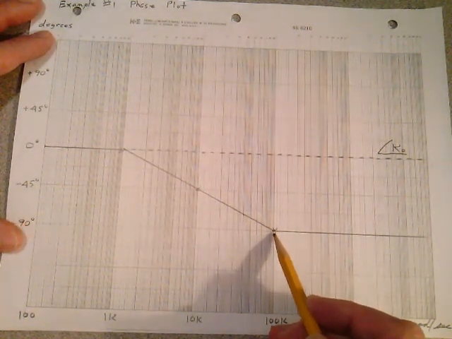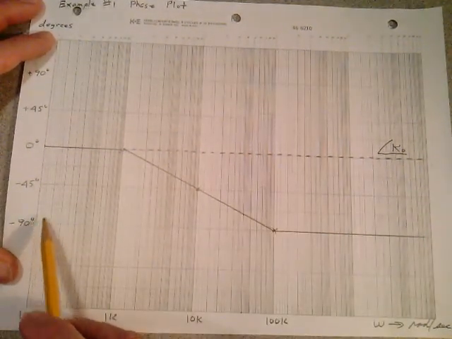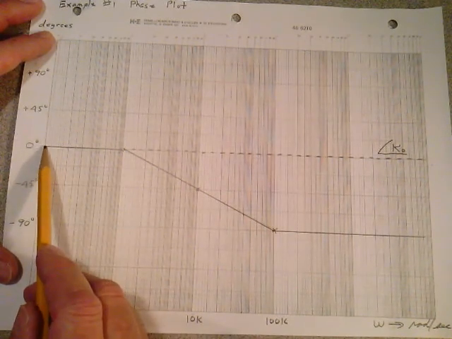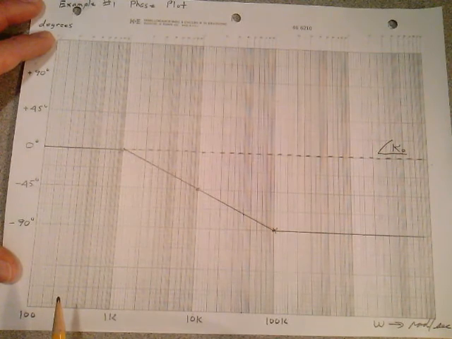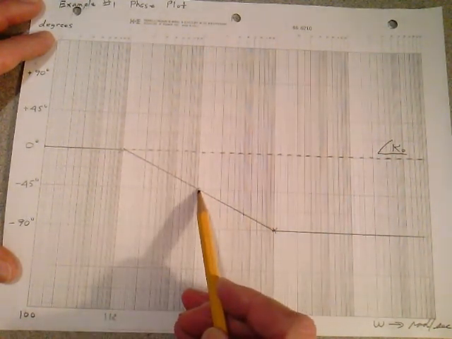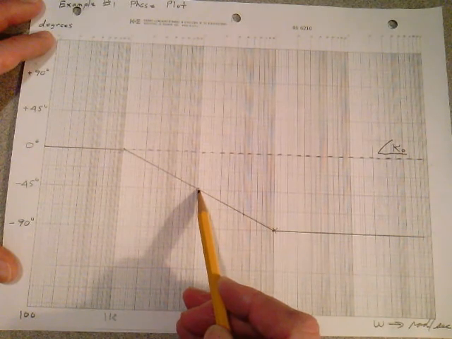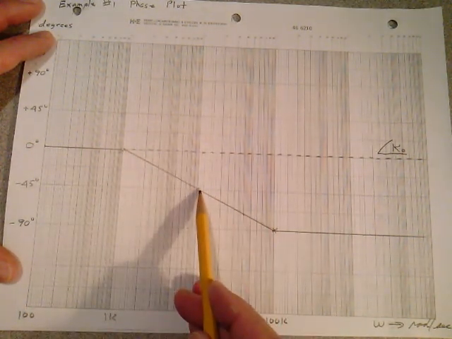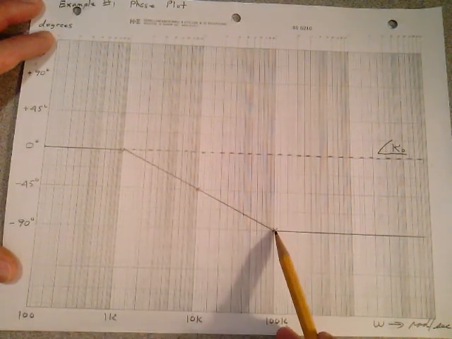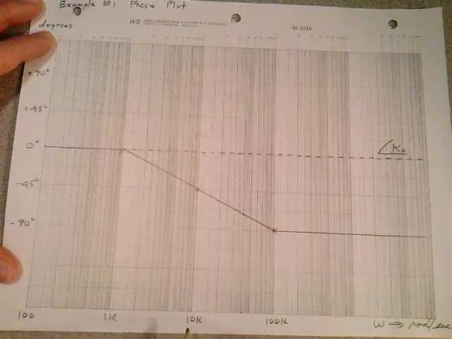So it's at minus 90 degrees because we know poles phase from 0 to minus 90 degrees because they're in the denominator. At the break frequency, they're at minus 45. So you draw your asymptotic line in through the negative 45 to this point. So there's your phase angle.